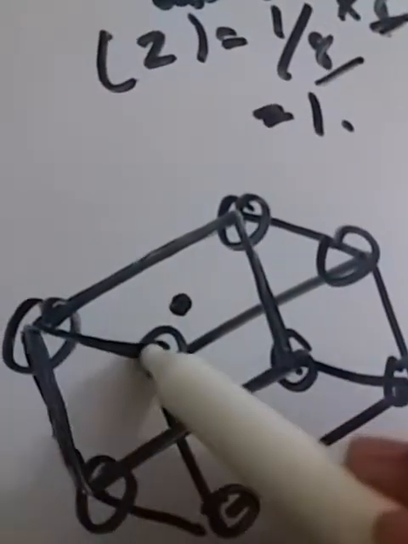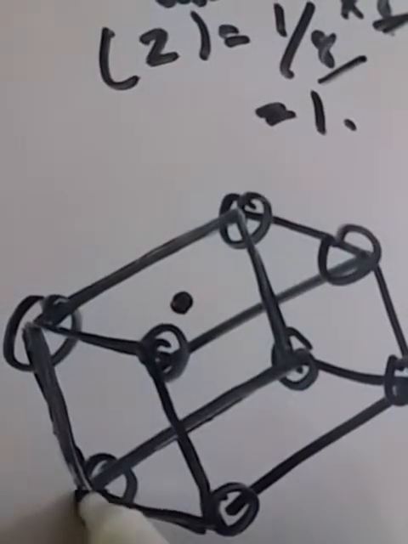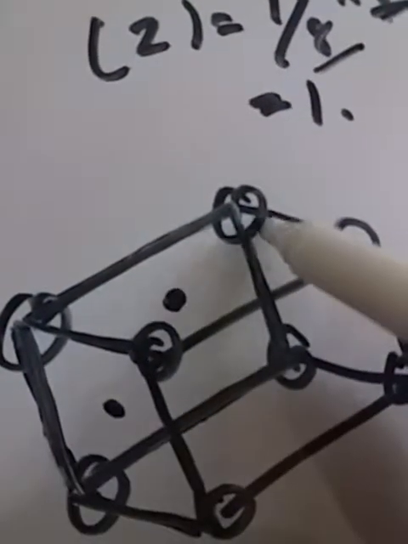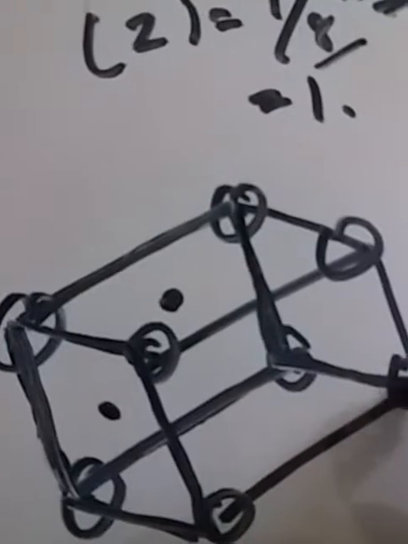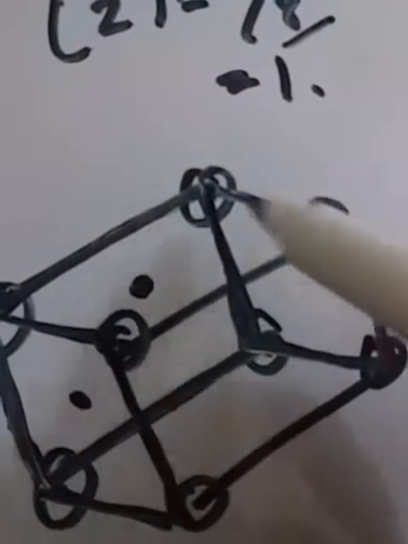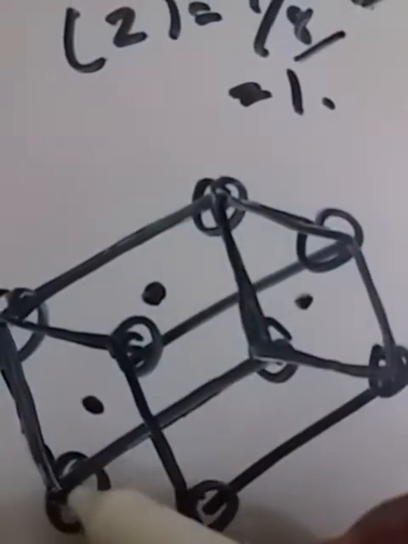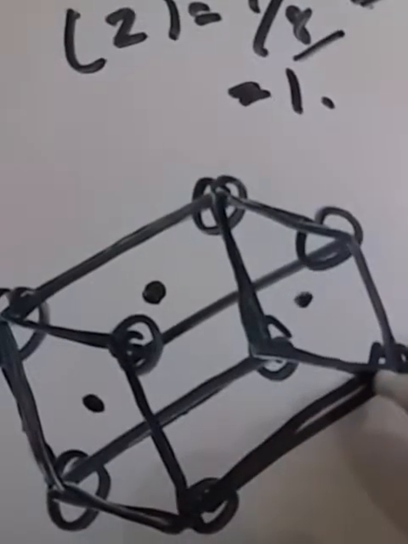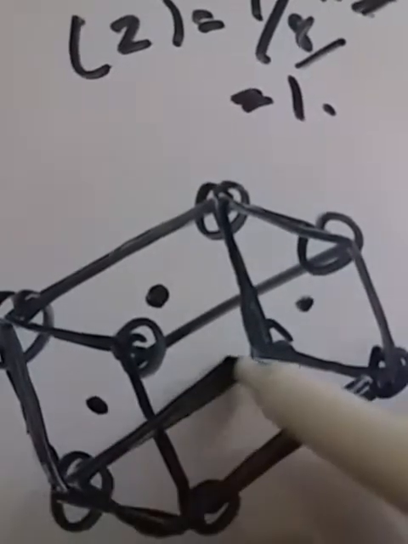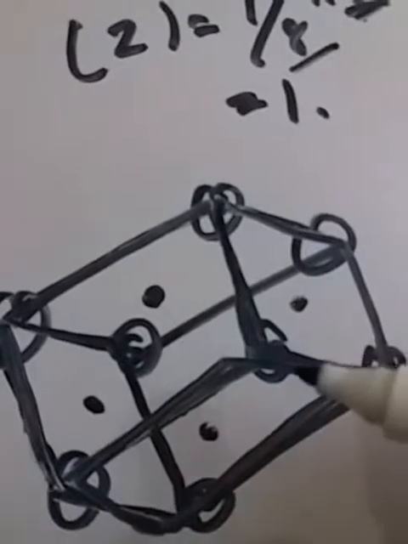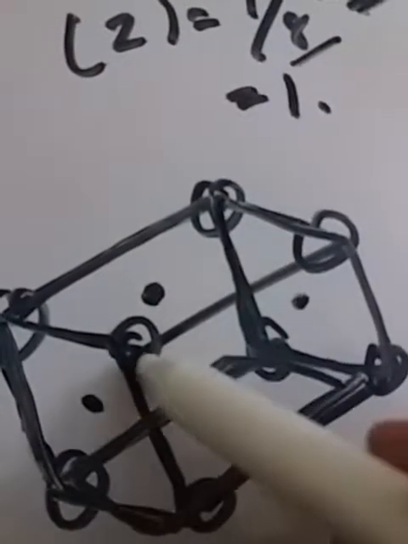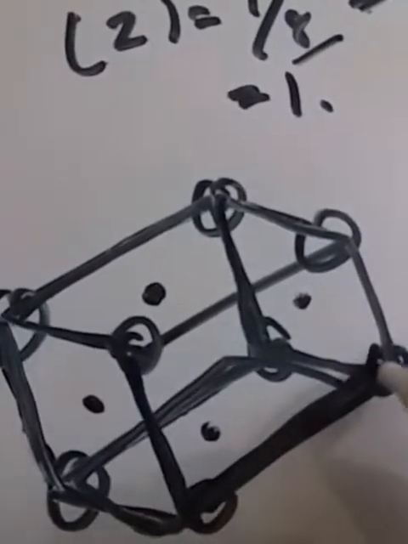Then this became number 2, second plane. Then this became number 3. Then the down one became number 4. Okay. This became number 5.